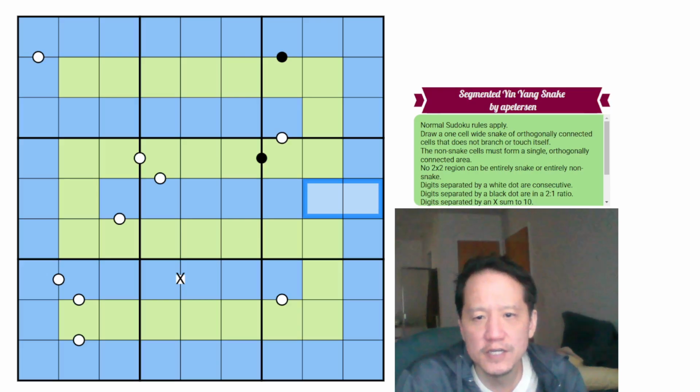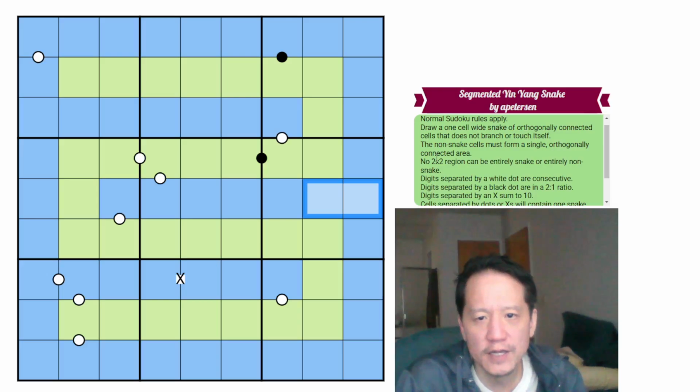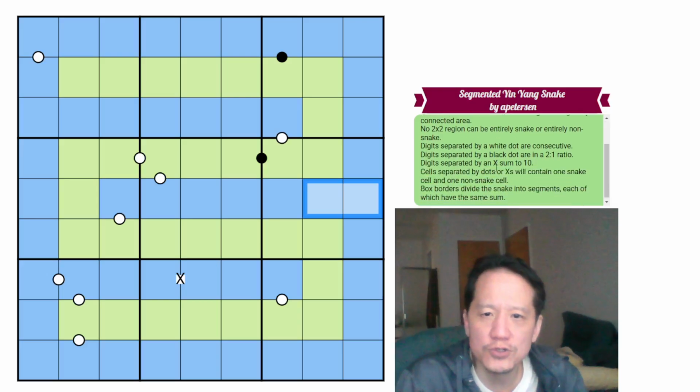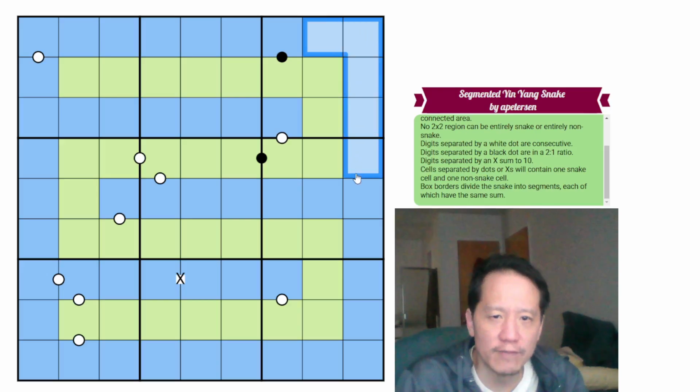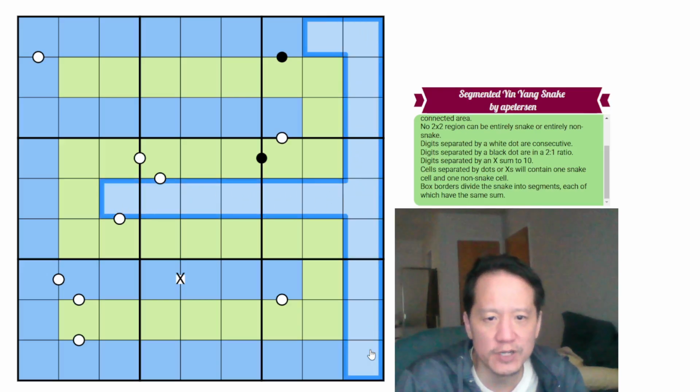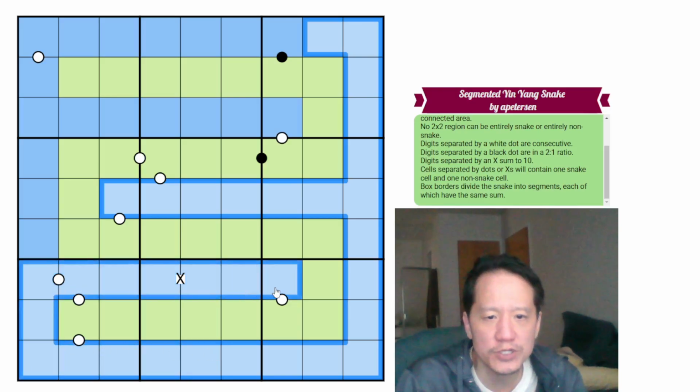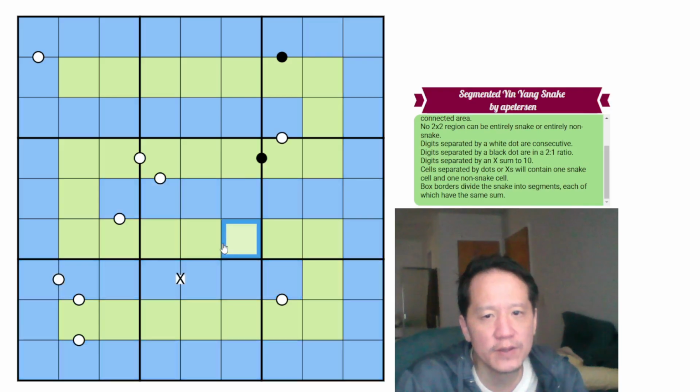And this is the yin-yang part of it. The other part is that no 2x2 region can be entirely snake or entirely non-snake. That's why I created this example, because there's no region here which is entirely snake or entirely non-snake.